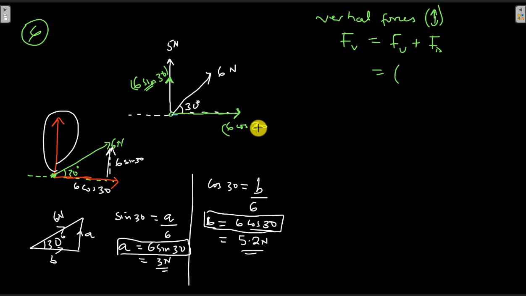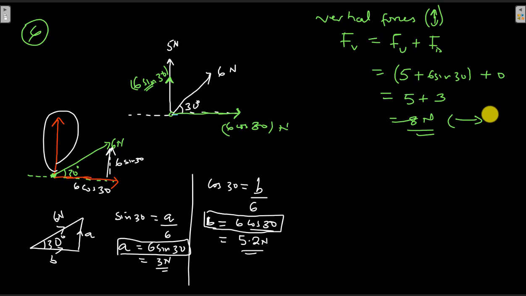Okay, this is newtons. So the forces in the upward direction, we have 5 newtons. Then we also have 6 sine 30. I guess that's all we have. There is no downward force, so 0 in the downward direction. So that's going to be 5 plus 3, which is 8 newtons. This is a positive force, so that means it is to the right.